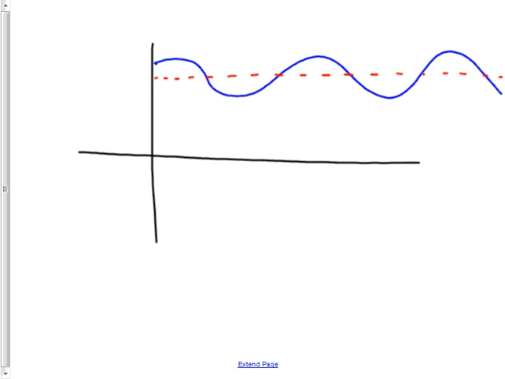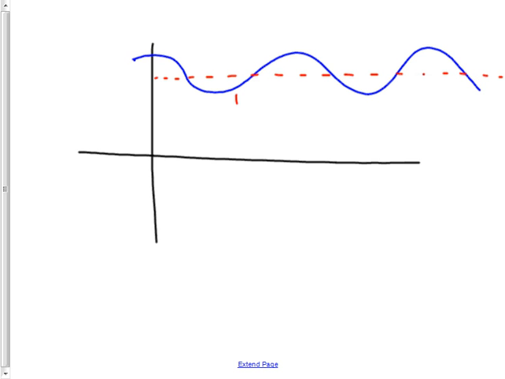Then, let's do this in the context of something that you can relate to. Let's say it's a cosine graph, so I'll make its peak be right there. And let's keep our period 2 pi like before.